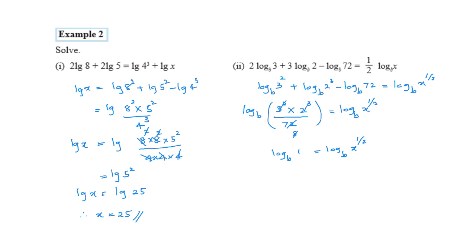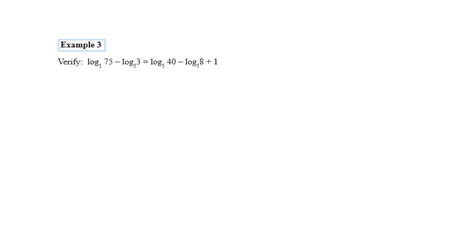Then both sides you have log b, so you can write x to the power half equals 1. That means the square root of x equals 1. To find x, what do you have to do here? You have to square both sides. Then x will be 1. That is our answer.